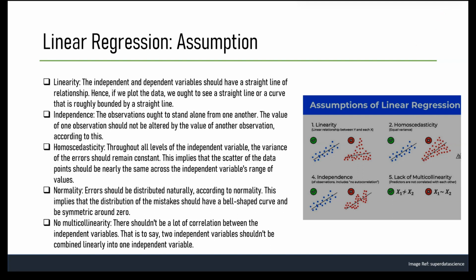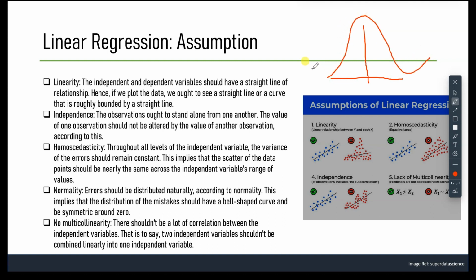A bell shape looks like a normal distribution, not like this. So our bell shape looks like this: most of the errors should be here, near 0. This is what normality says.